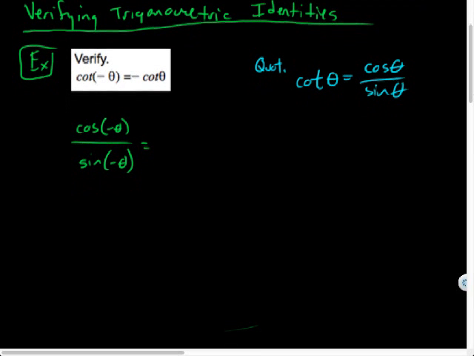And cosine of negative theta, I believe that is one of my opposite angle identities. Let's see, what were the opposite angle identities?